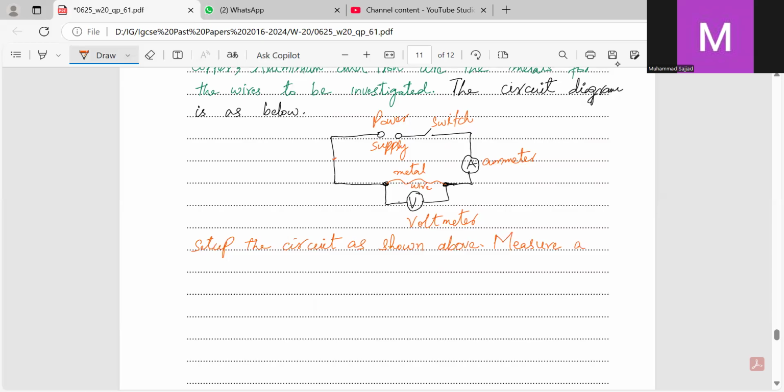Measure a fixed length of wire and connect it in the circuit.